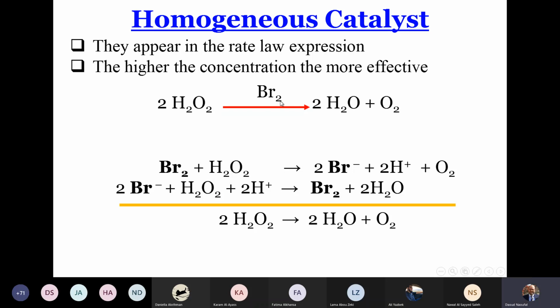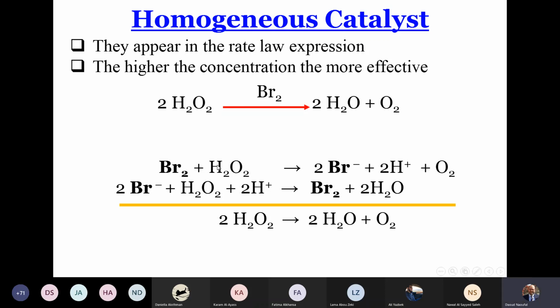Br2 reacts with the H2O2. Pay attention. Br2 reacts with H2O2. So Br2, the homogeneous catalyst, is a real reactant. And this is not the case in heterogeneous. The heterogeneous acts on the surface as host of two guests.